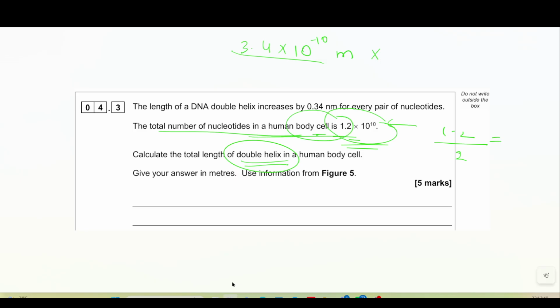If we divide 1.2 by 2, what will we get? 0.6, right?